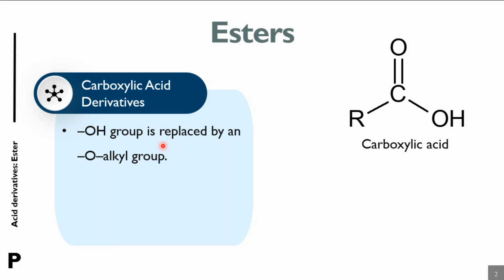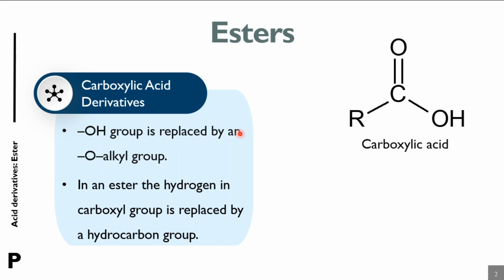So when the OH group is replaced by an O-alkyl group, that is an alkoxy group, the compound is called an ester. Or, the hydrogen in the carboxyl group is replaced by a hydrocarbon or alkyl group, then it is called an ester.